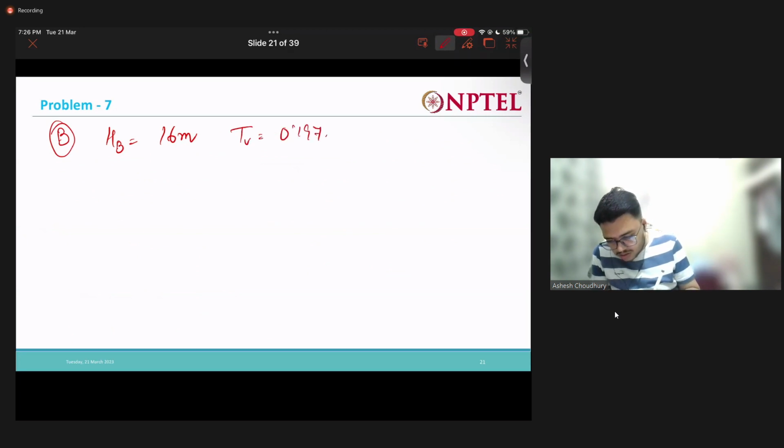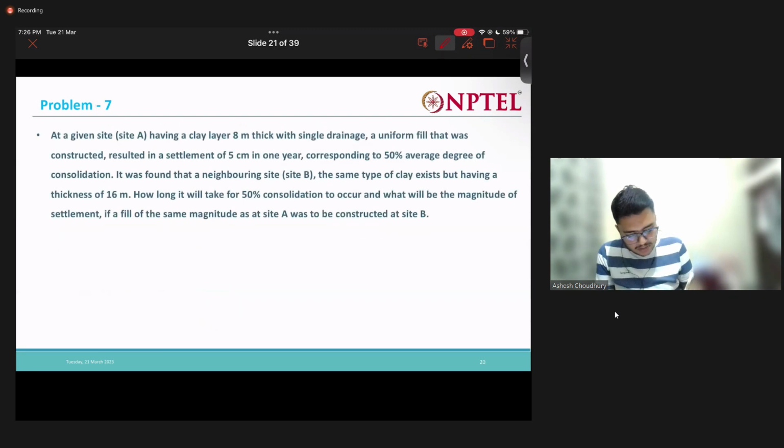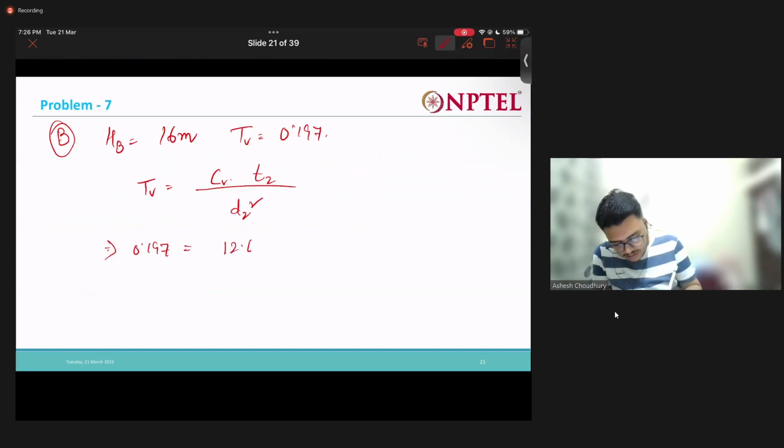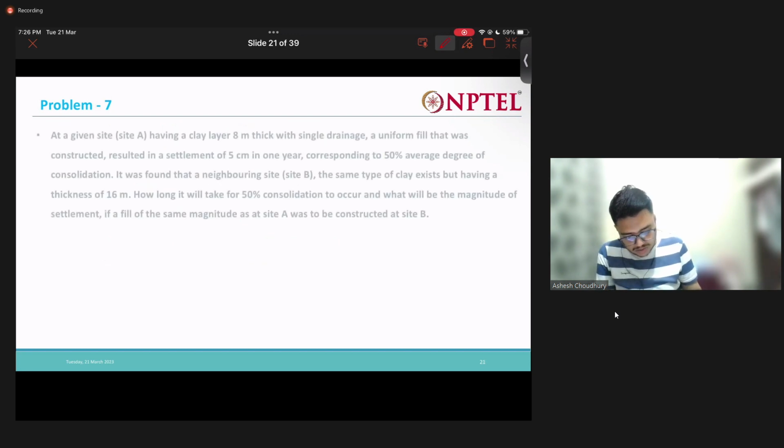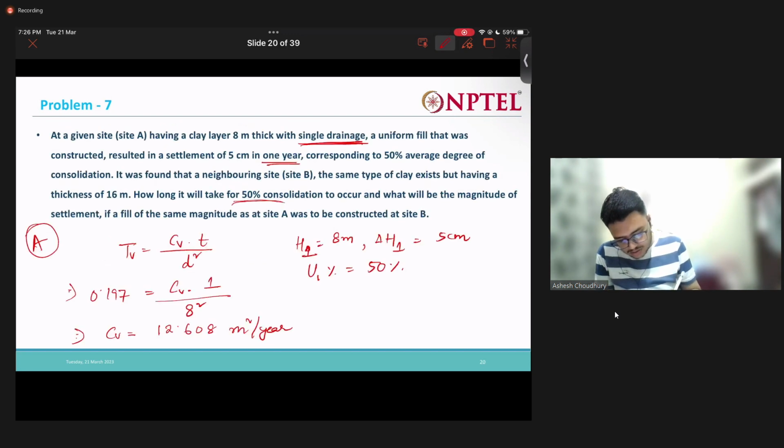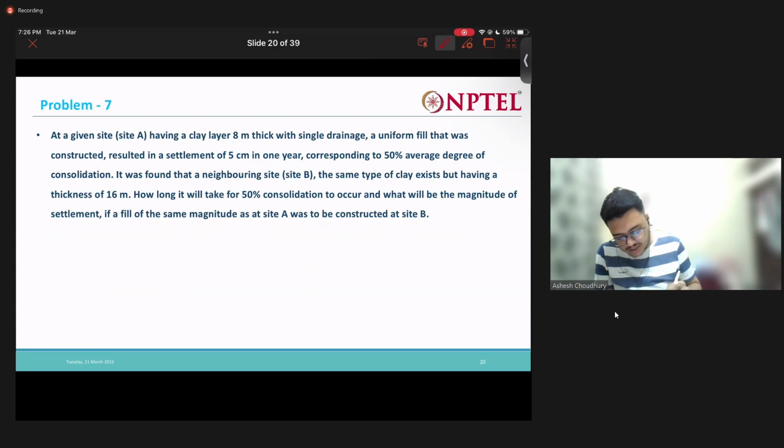So Tv is Cv t2 by d2 squared. Cv you just determined as 12.608, time I don't know, and d2 will be 16 meters.